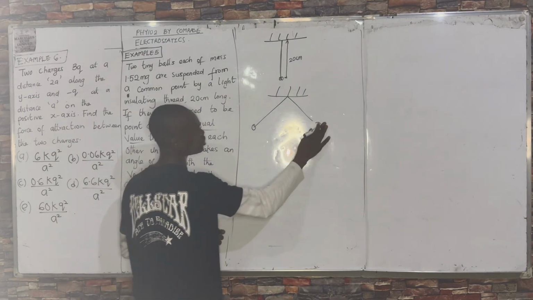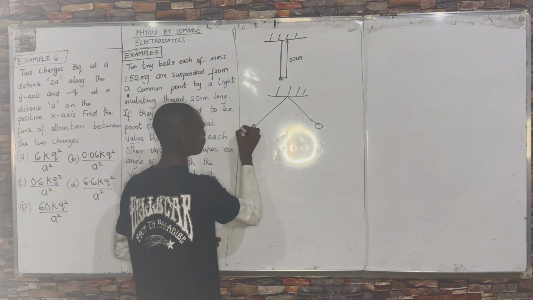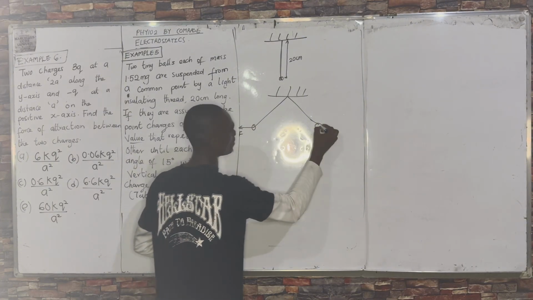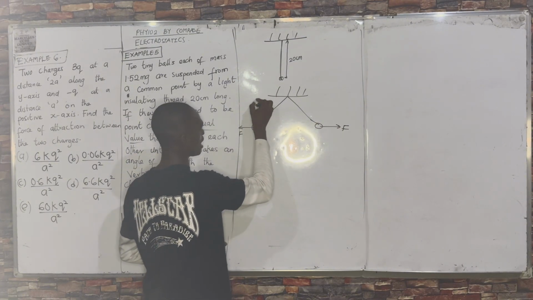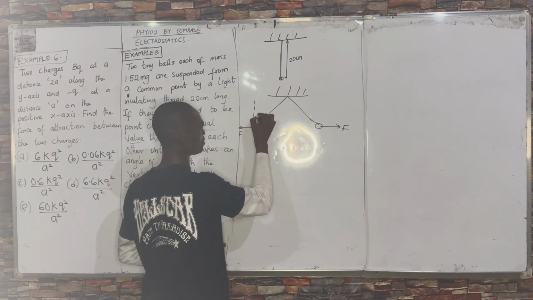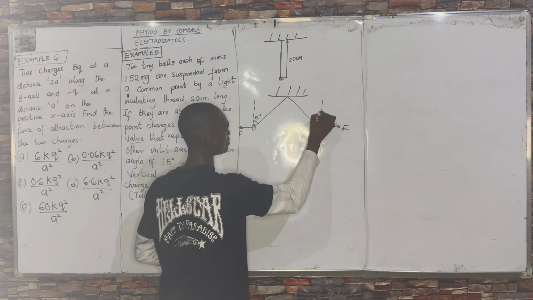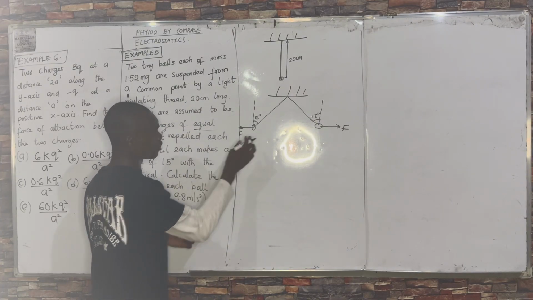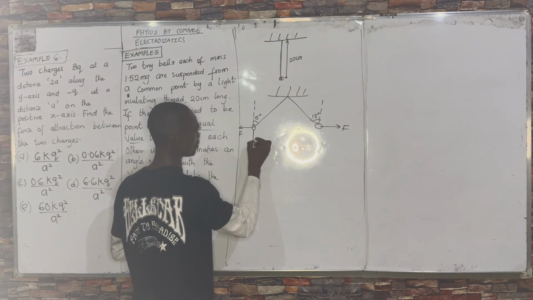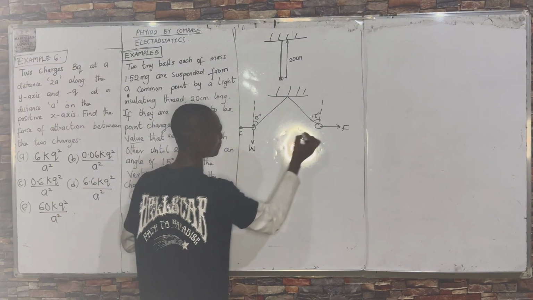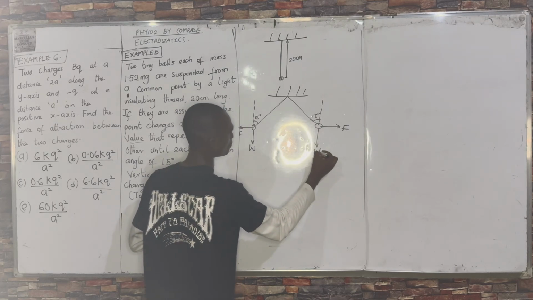Are you seeing it? There is a force of repulsion F, until the angle with the vertical for each of them is 15 degrees. Don't forget, because they have mass, they will have weight as well.